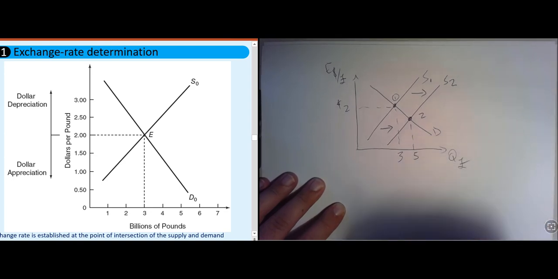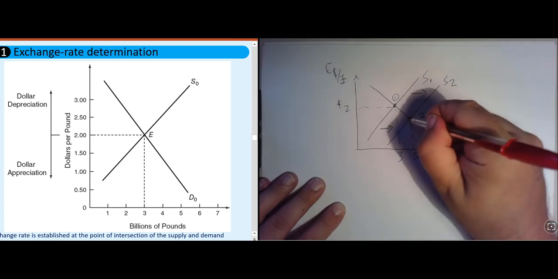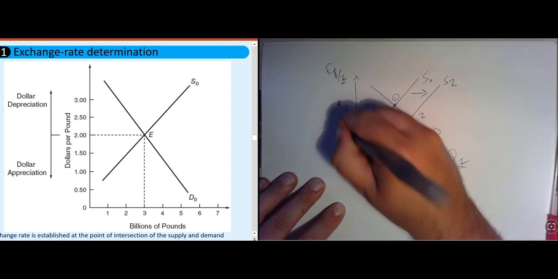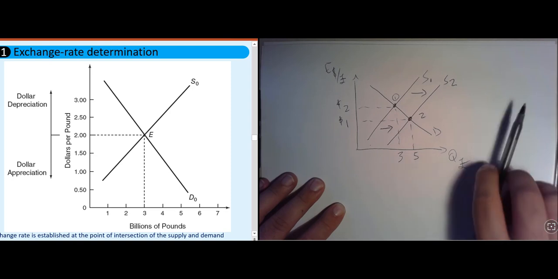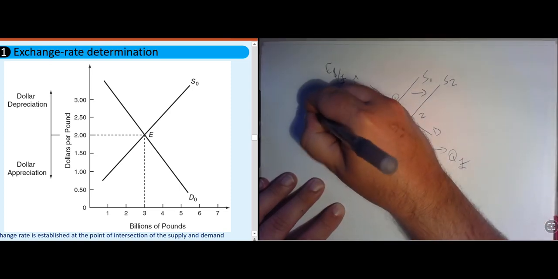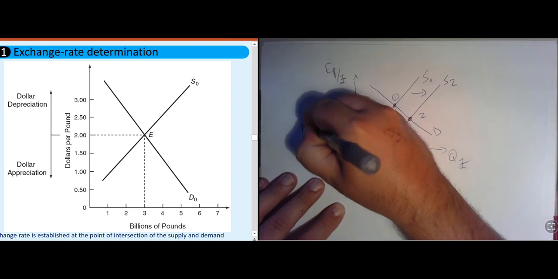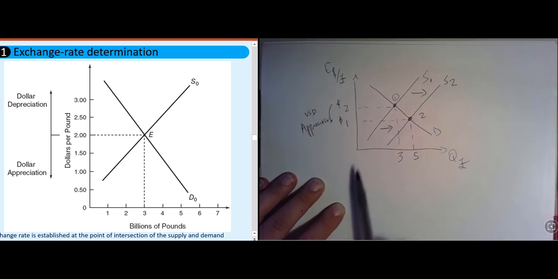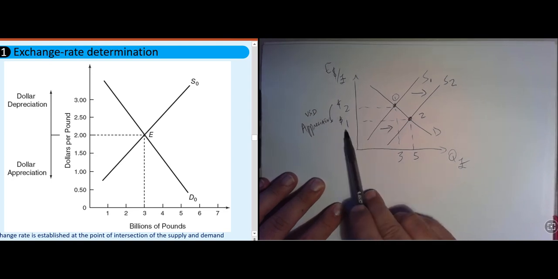Let's say these go up to 5 too. But the price would go down in this case. So what we would observe in this case is a US dollar appreciation. Because the supply increased and now we are paying less dollars per pound.